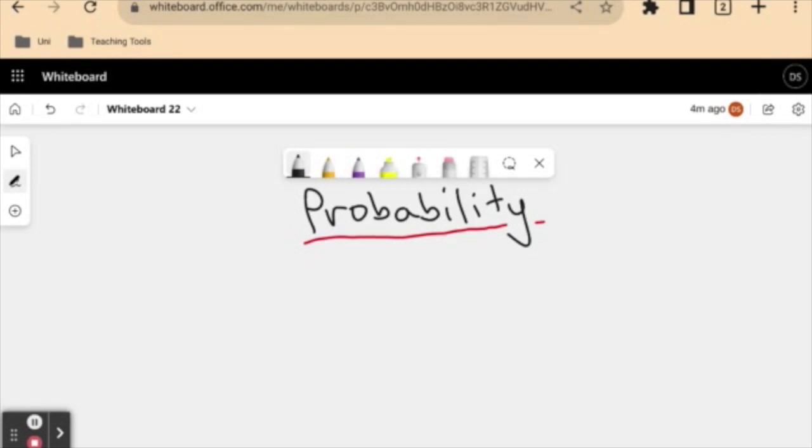So, what is probability? Well, probability, as you may have heard, is the study of chance. It is the study of the likelihood that something will happen. Now, the most common starting point for probability is a coin flip. So we've got this coin here that I've drawn badly, and we flip that.